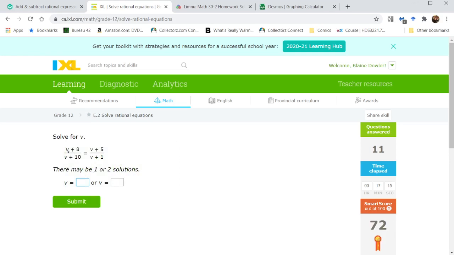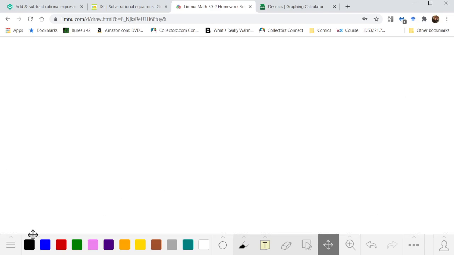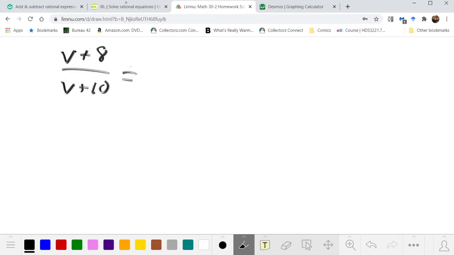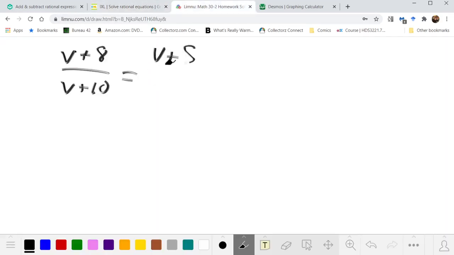Here, v plus 8 over v plus 10 equals v plus 5 over v plus 1. Again, we cross multiply. And because we have binomial terms, I will do that in stages.